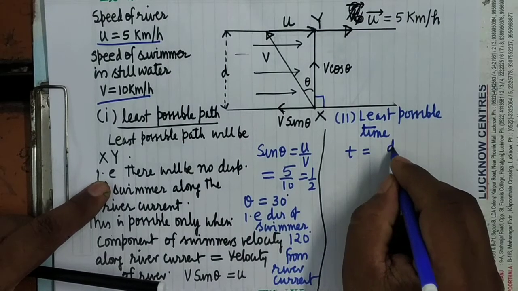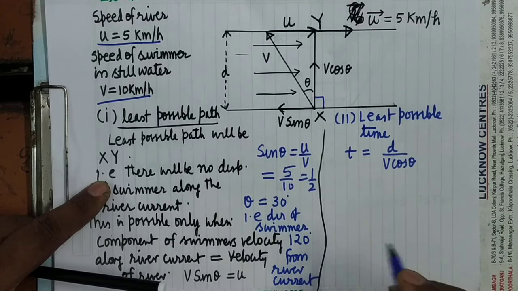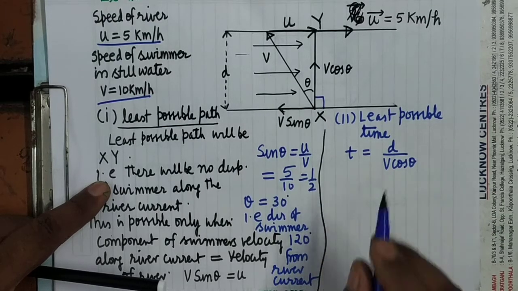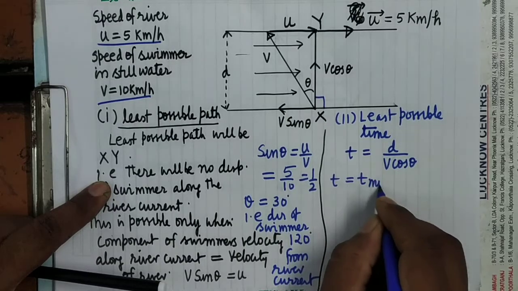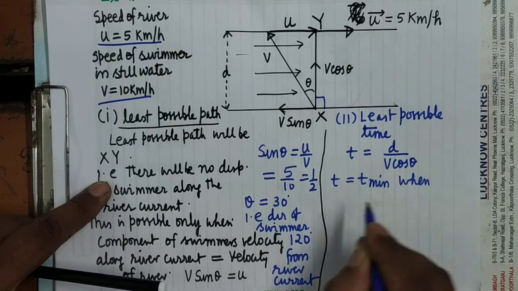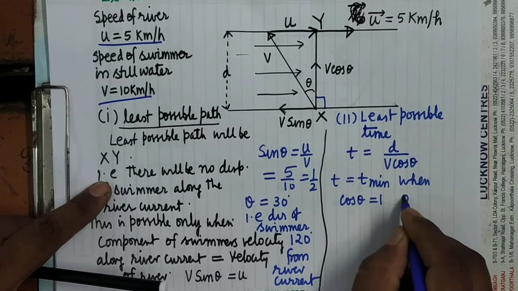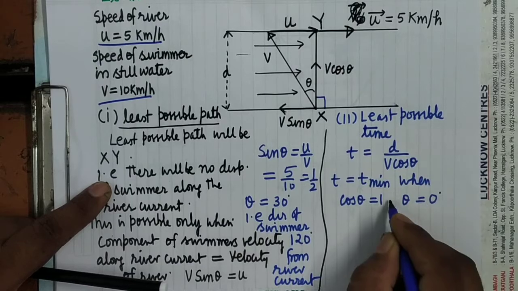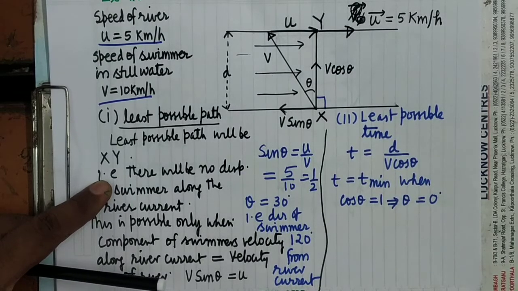So t equals d upon v cos theta. It's clear. This will be least, t equals t minimum, when cos theta is 1, that is theta equals 0 degrees.